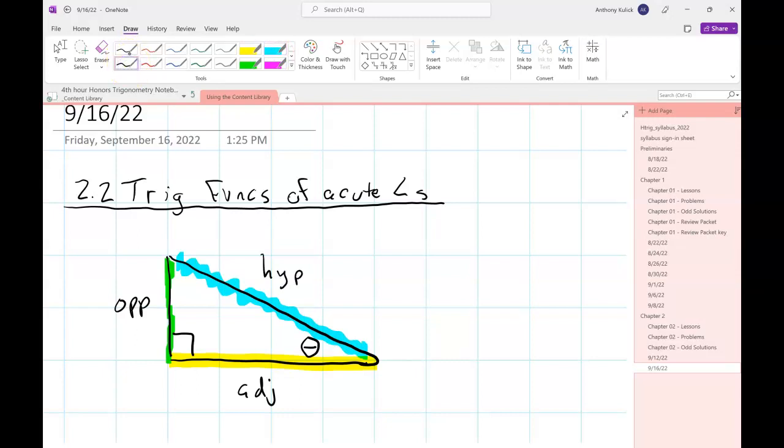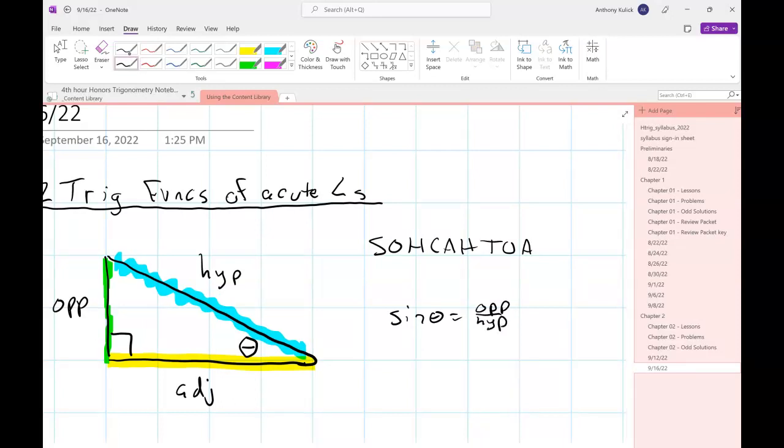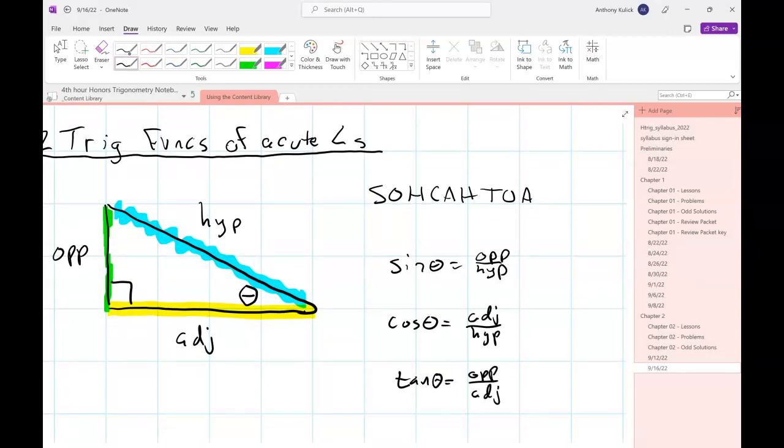Well done. And we used the acronym SOHCAHTOA to help us remember the definitions for sine being opposite over hypotenuse, cosine being adjacent over hypotenuse, and tangent being opposite over adjacent.